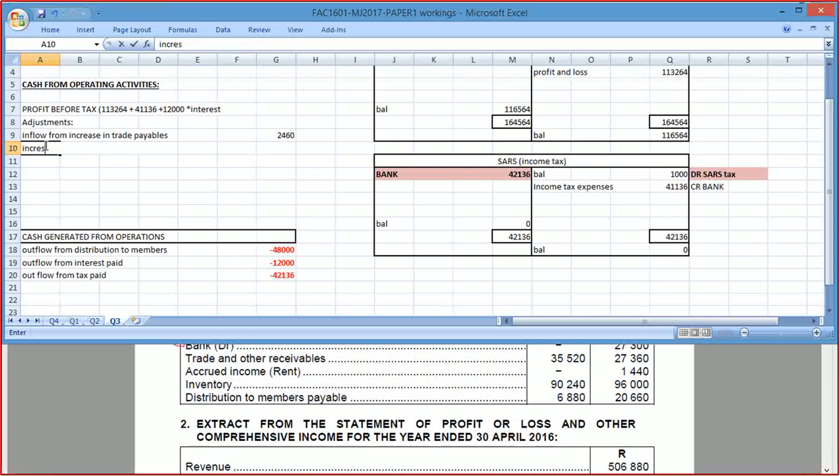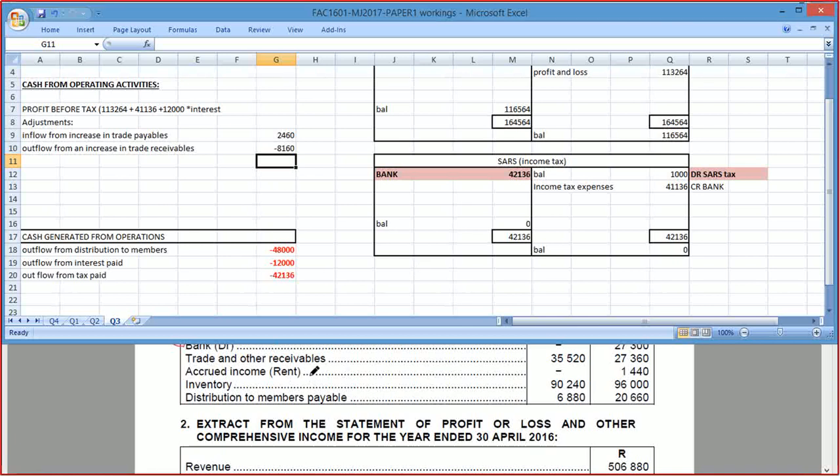So an increase in trade receivables is an outflow. If it decreases, that means they're paying you, so that would be an inflow. So an outflow would be minus 35520 plus 27360. Difference is 8,160.